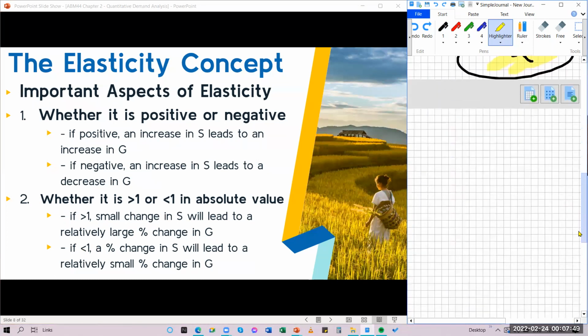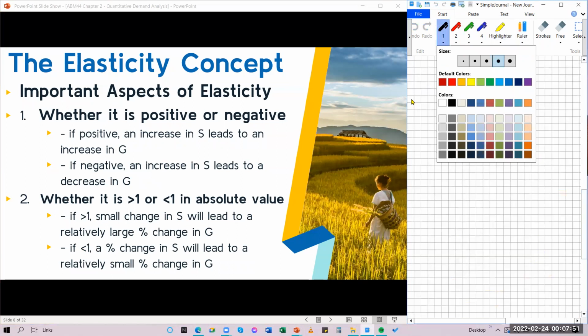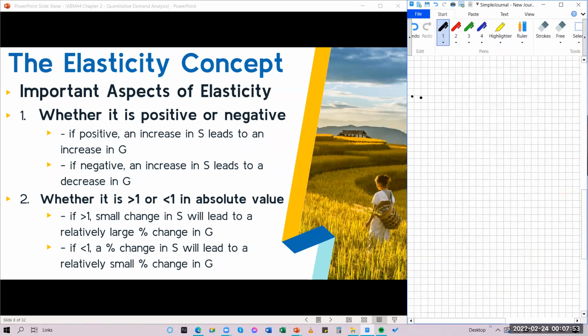So the first aspect we need to know is whether it is positive or negative. If it is positive, that means an increase in your studying would lead to an increase in your grades.